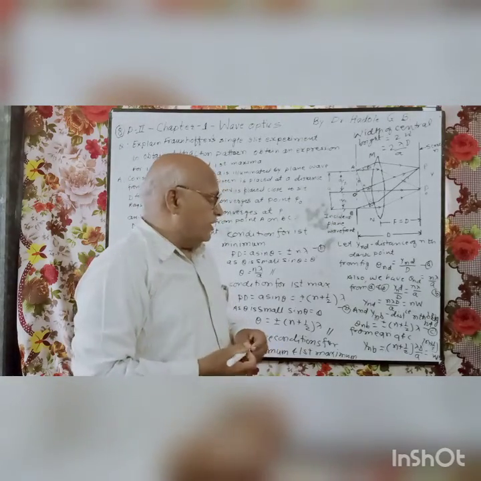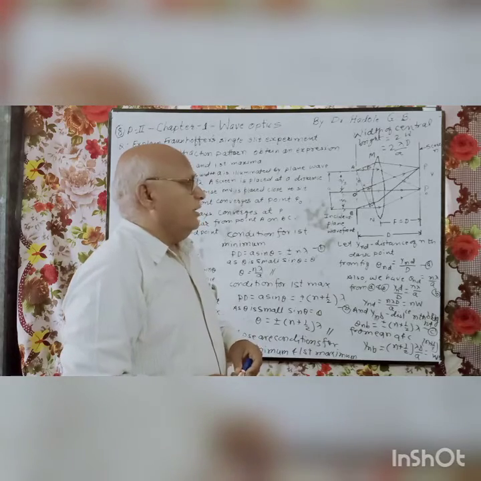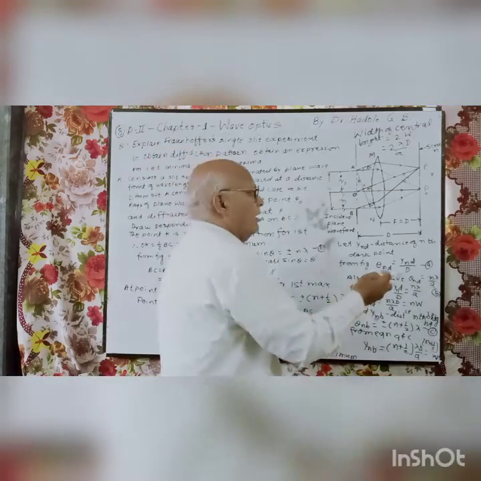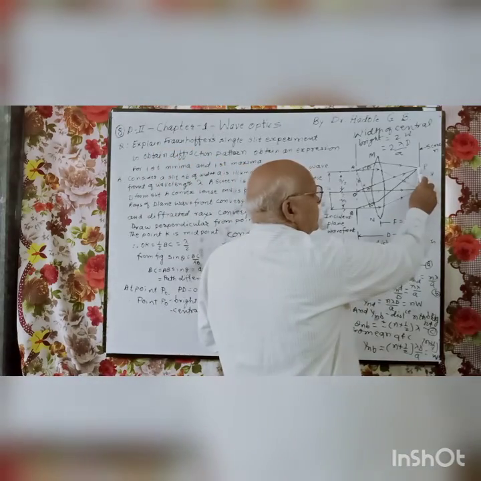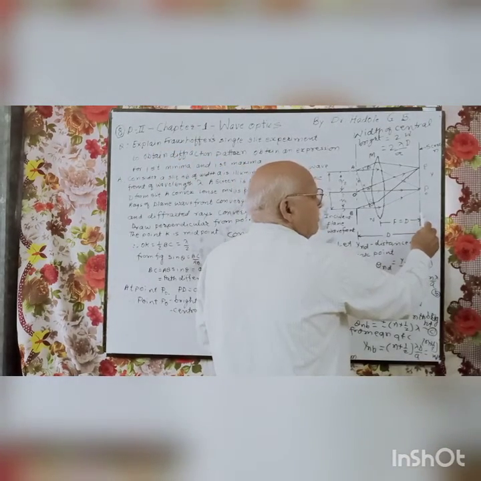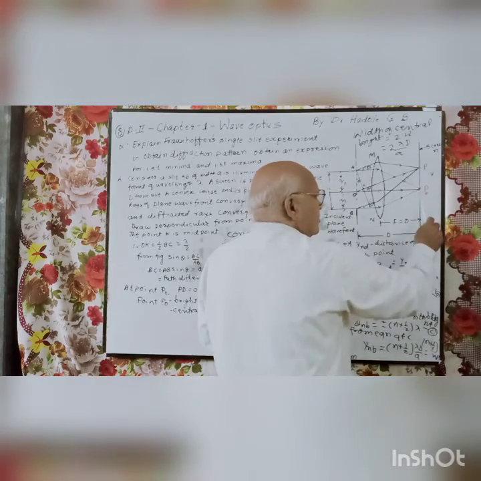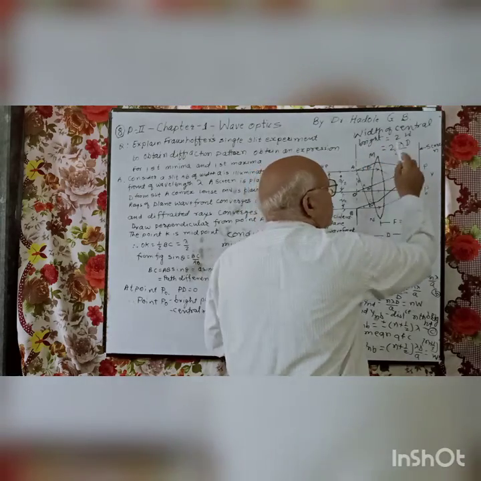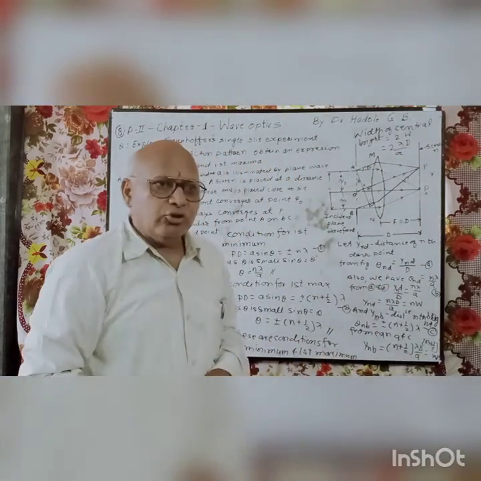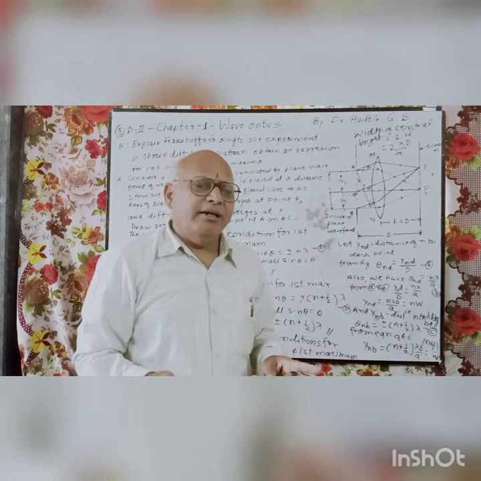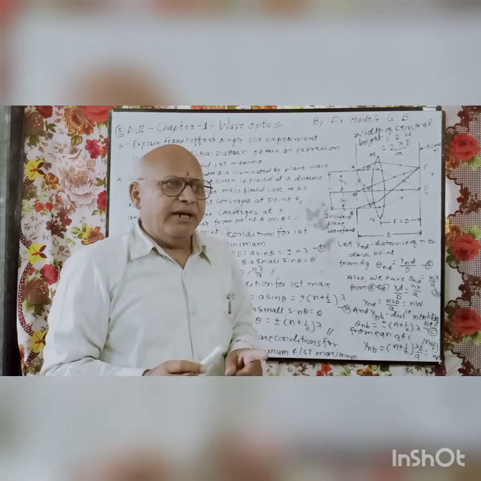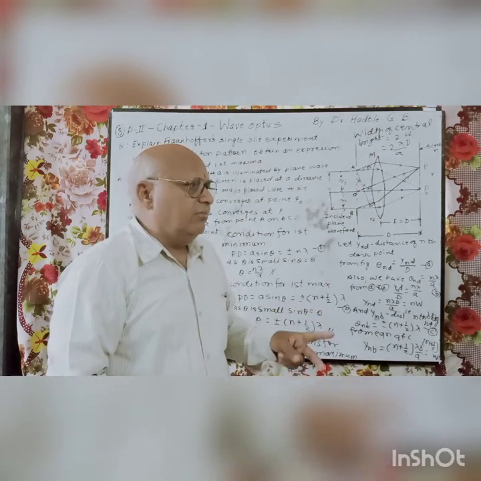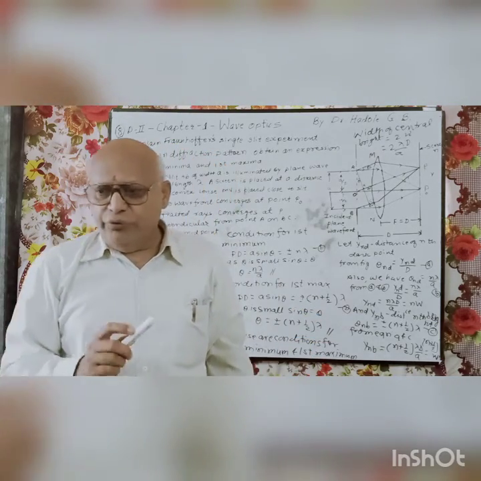Got this? So this way we can find the expression for the central bright point. Mind well, this point is the first minimum and this point will be the first minimum, and the distance between these two points is the width of the central bright point. It means the central bright point will be spread between the two first minima.